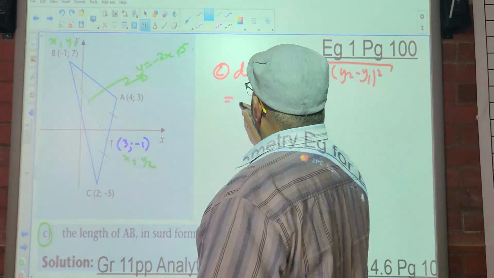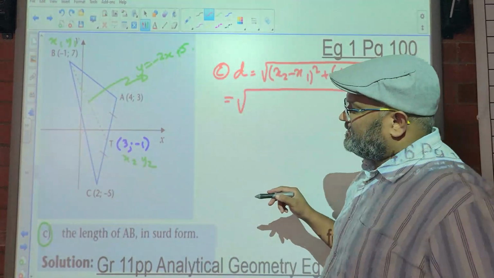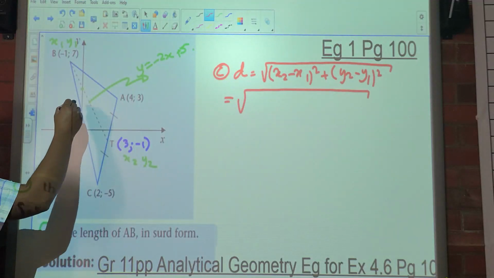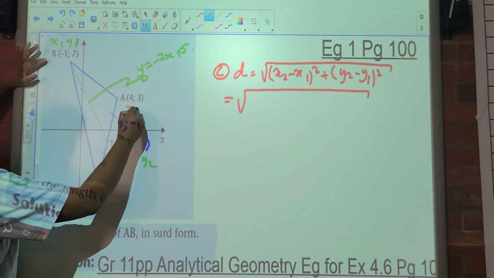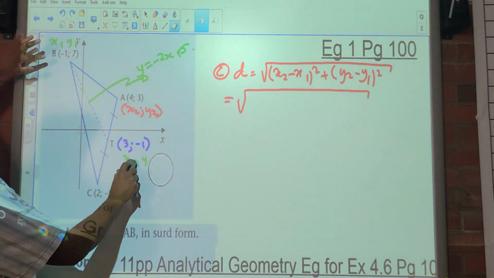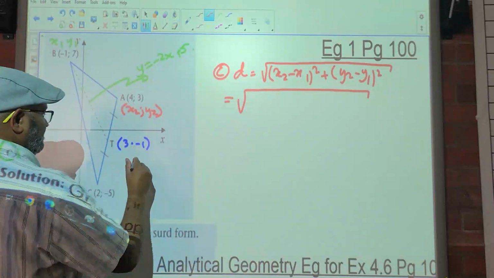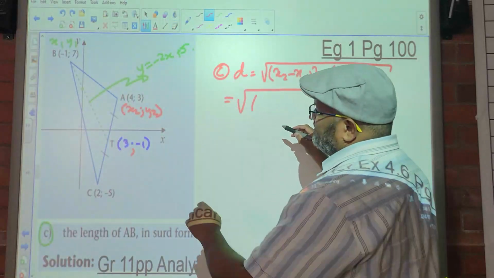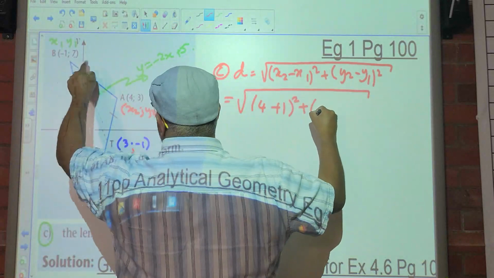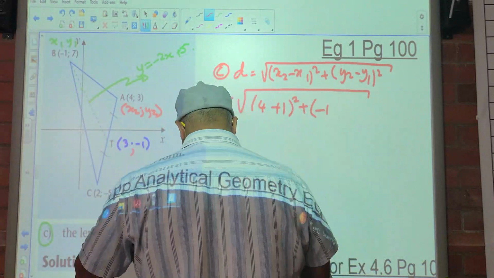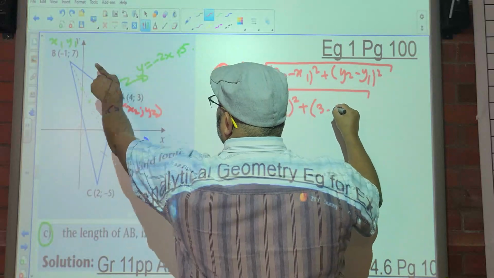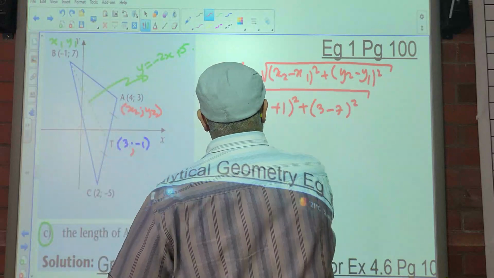So for AB, that will be the square root of (4 minus -1) squared plus (3 minus 7) squared.